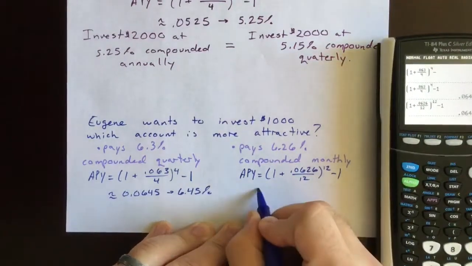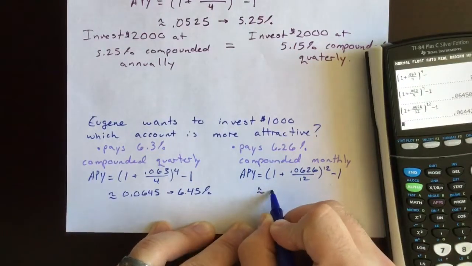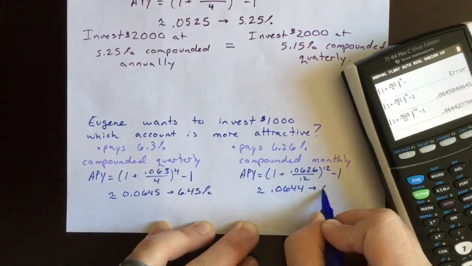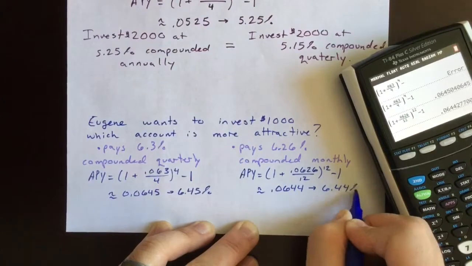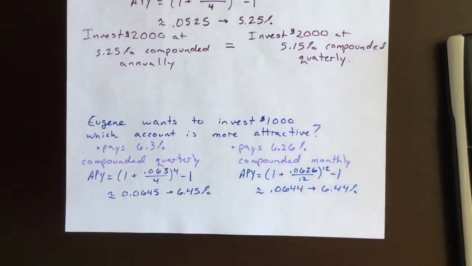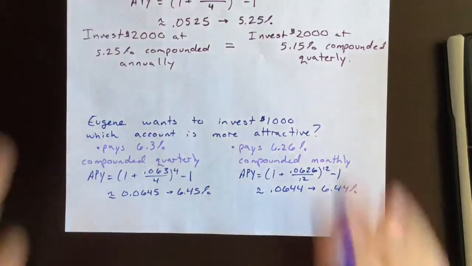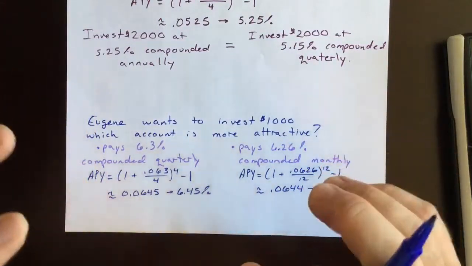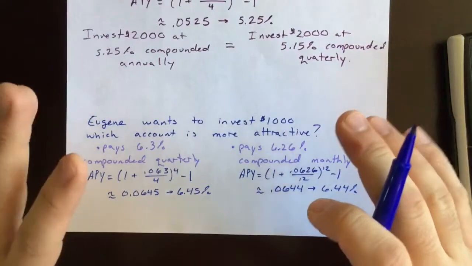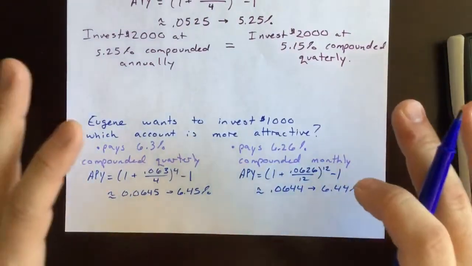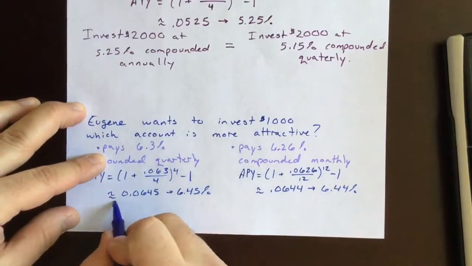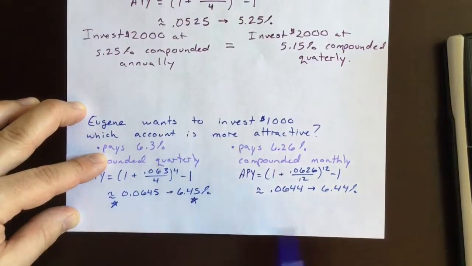We get approximately 0.0644, or 6.44%. And how we know which one is better is we want a higher yield. We want an interest rate that's going to give us more money. And the interest rate that's going to give us more money is going to be the larger interest rate. So that's how we determine which one is more attractive.